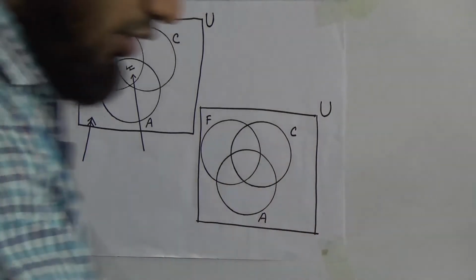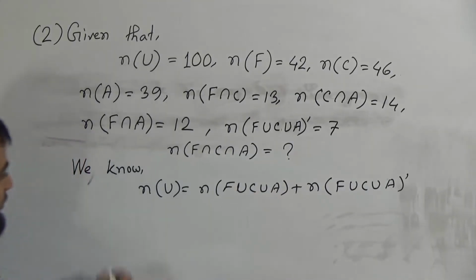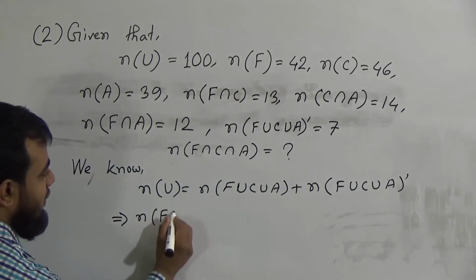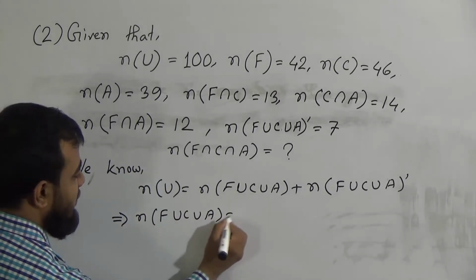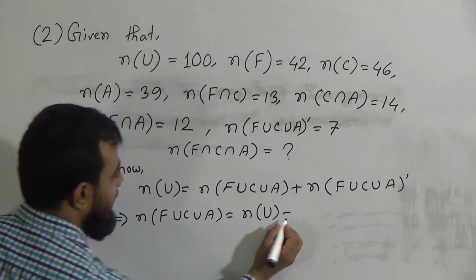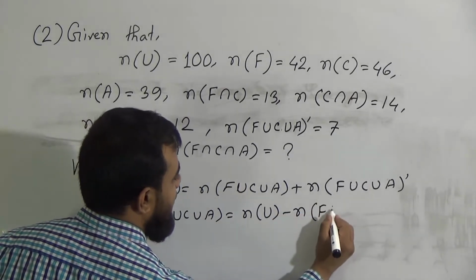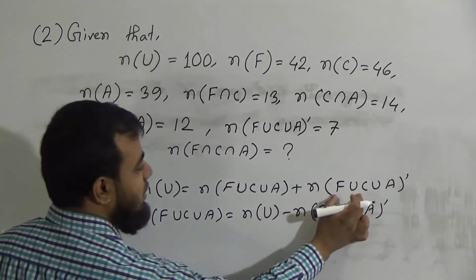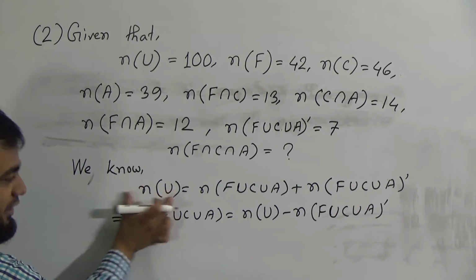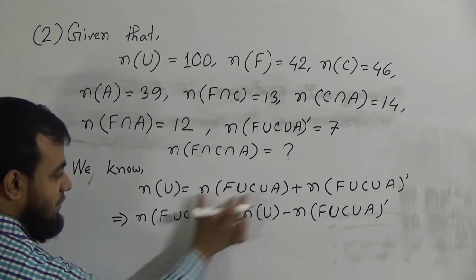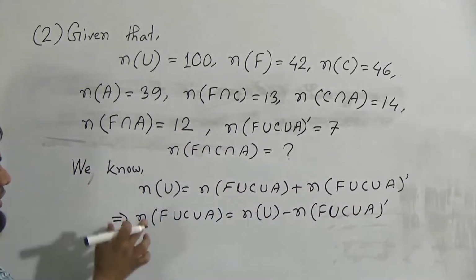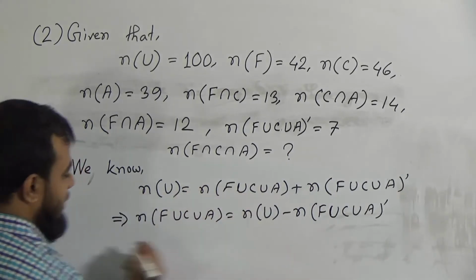So, my dear students, put in this value and calculate the number of elements of F union C union A. This implies we can write the number of elements of F union C union A is equal to the number of elements of U minus the number of elements of F union C union A complement. We transfer this one to the other side, arranging this one.